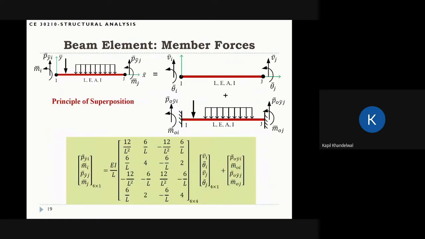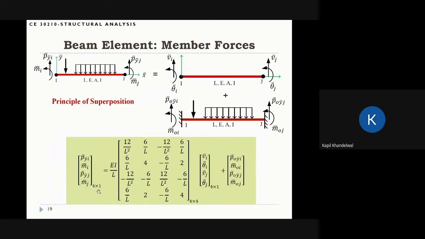Finally, this is a superposition for a beam element with 4 degrees of freedom. If you want to calculate the total force, it is the force due to the displacements, that is the stiffness matrix times displacements, plus the fixed end forces. In this case, because there is no axial effect, I'm not considering the axial degrees of freedom. So this is just a 4x1 vector for the beam element.